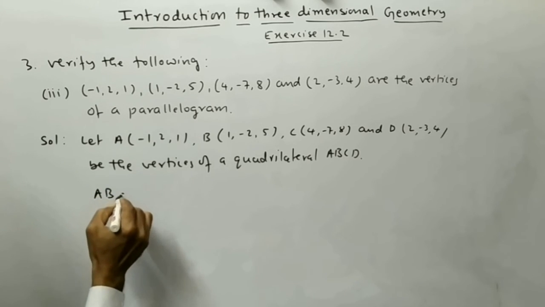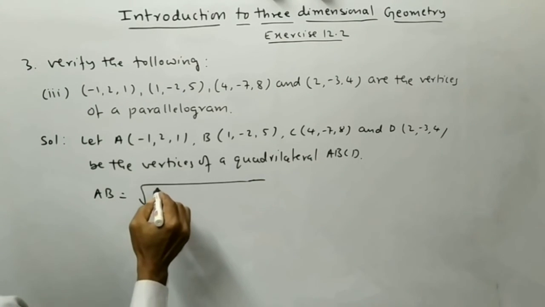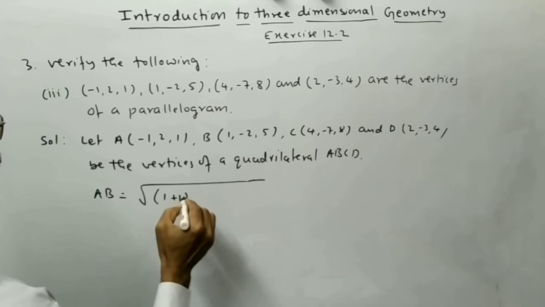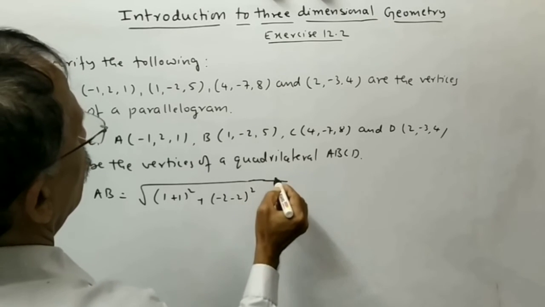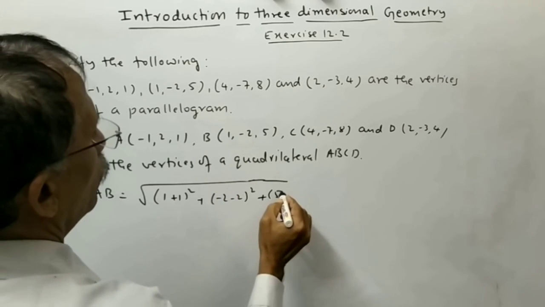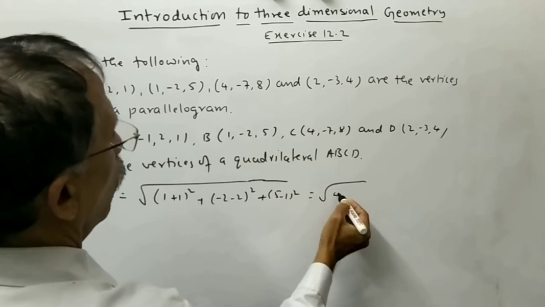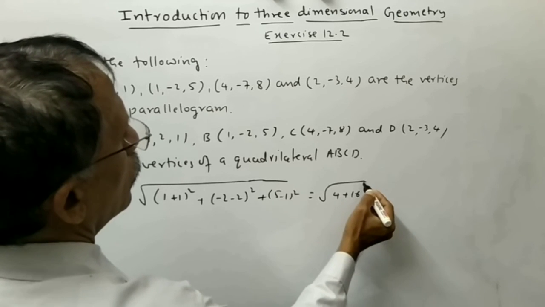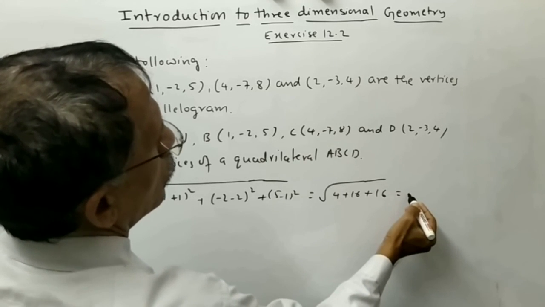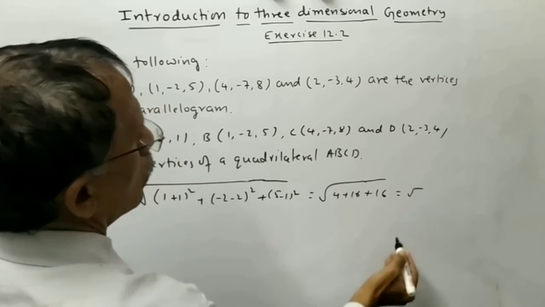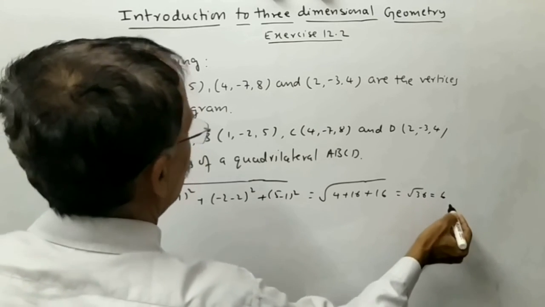AB is equal to square root of 1 plus 1 whole square plus -2 whole square plus 5 minus 1 whole square, is equal to square root of 4 plus 16 plus 16, is equal to square root of 36, is equal to 6.